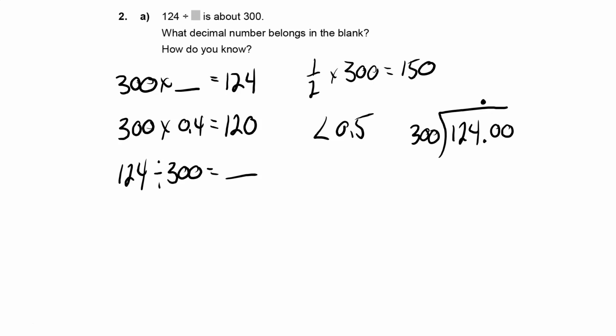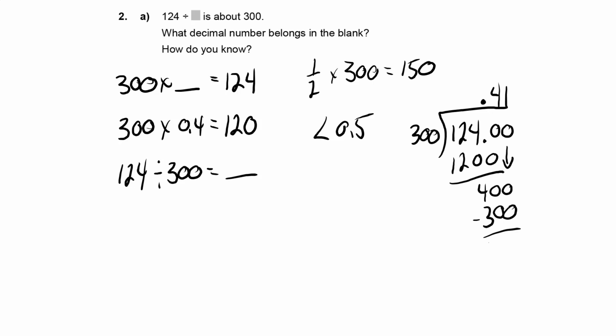Obviously 300 can't go into 124, but it can go into 1,240. It's going to go in 4 times, so 4 times 300 is 1,200. Subtracting, 40 left, bring down another 0. 400, 300 into 400 goes once.